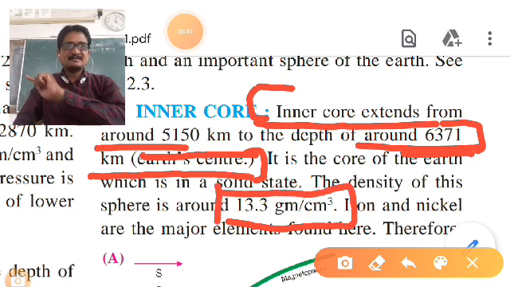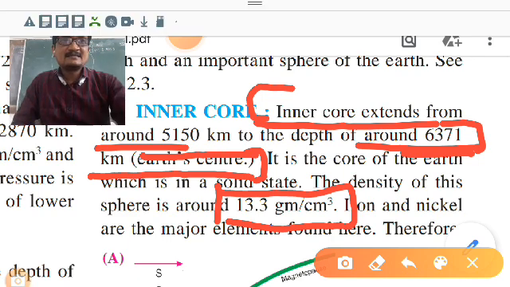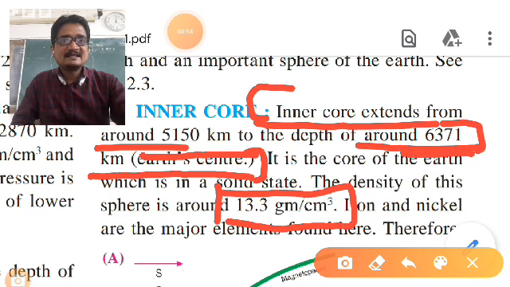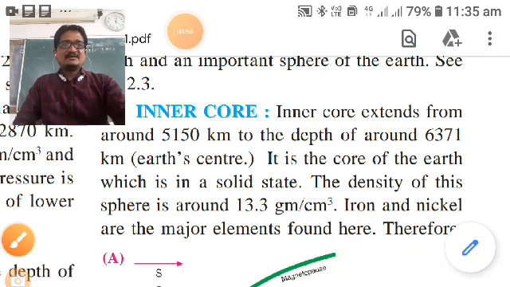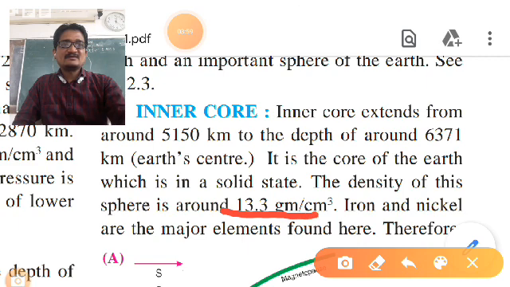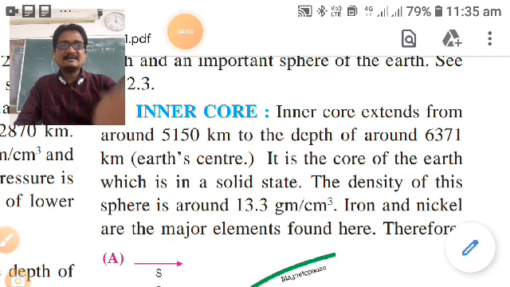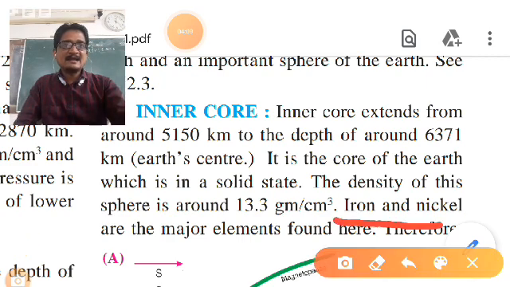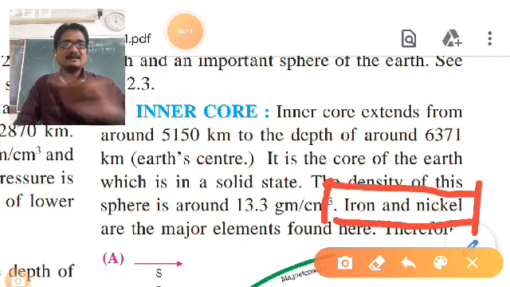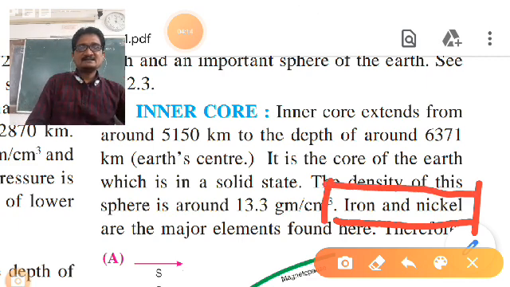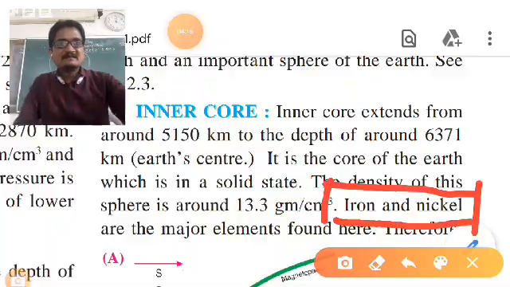Density means ghanata, just in this way, and you should note down that point. Iron and nickel are the major elements found here. Iron and nickel, again note down, this point you can note down, are the major elements found in the inner core.